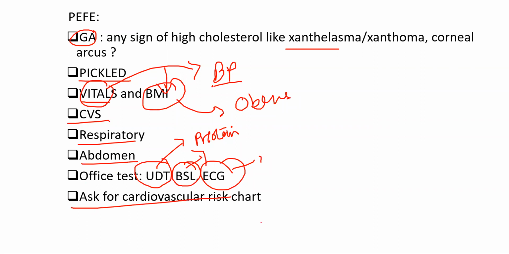And at the end, you can also ask from the examiner, is the cardiovascular risk chart available or not? So that's your physical examination from examiner. Now, we haven't done respiratory system or abdominal examination yet. When we will go to that cluster, you will know how to examine them.